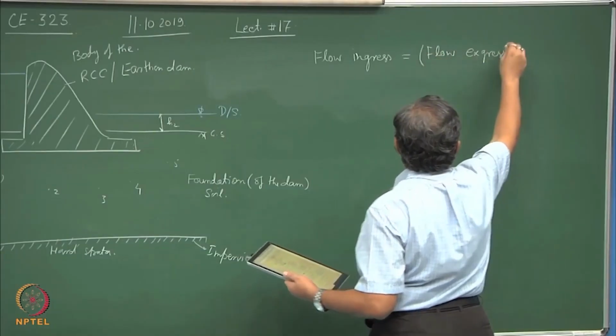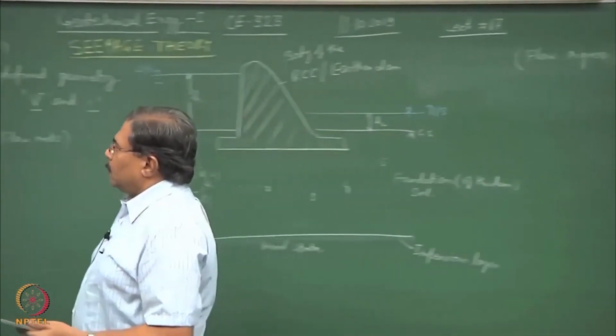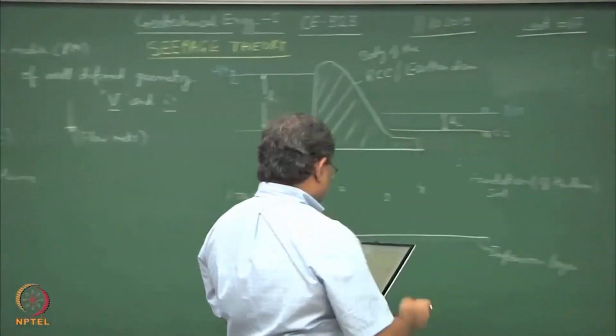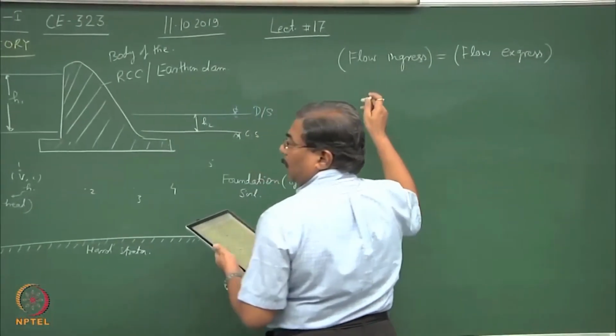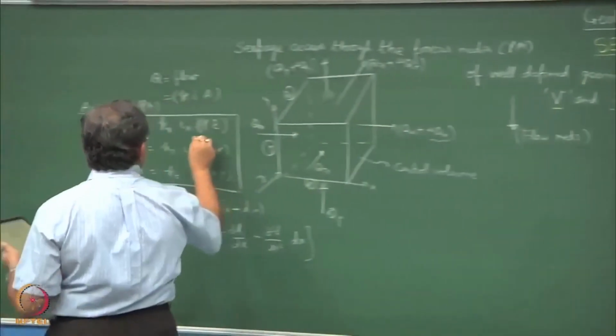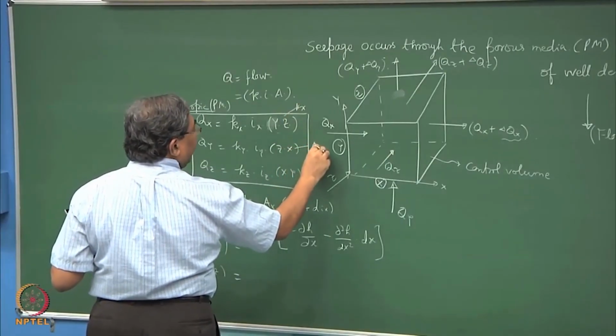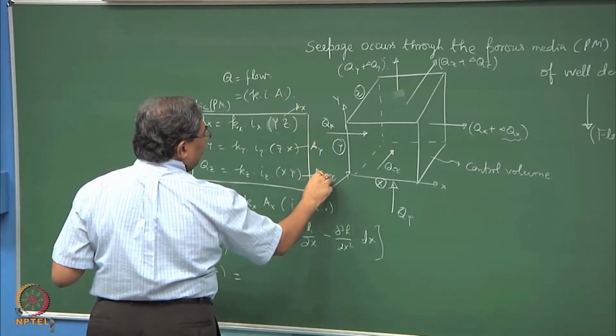All right. So, all these q terms are nothing but this, where this is a x, this is a y, this is a z.